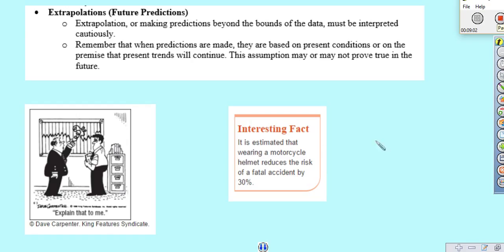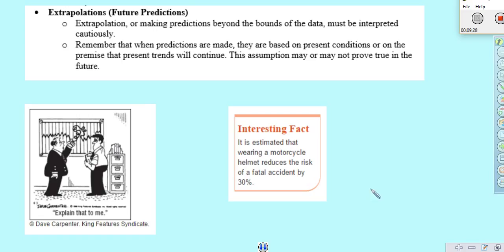Alright, so last little piece here, extrapolations or future predictions. This is a factoid again, so nothing big here, just making sure we have these concepts in our head. Extrapolation, or making predictions beyond the bounds of the data, must be interpreted cautiously.